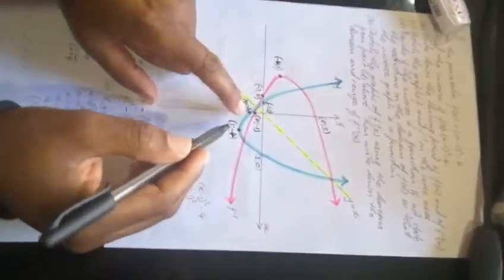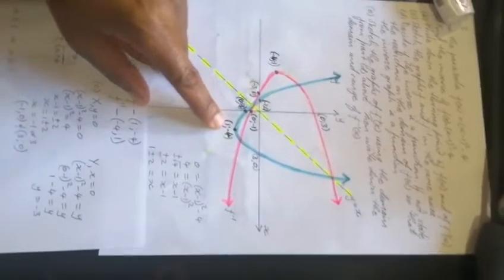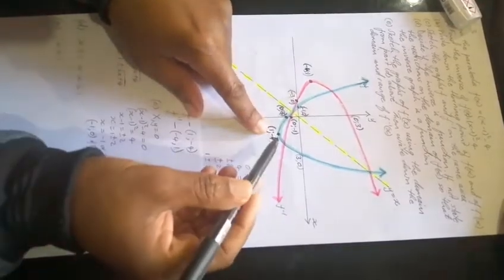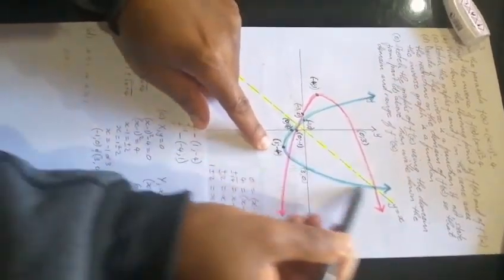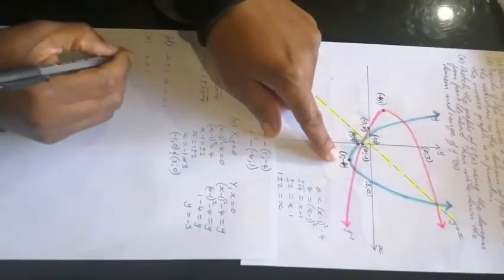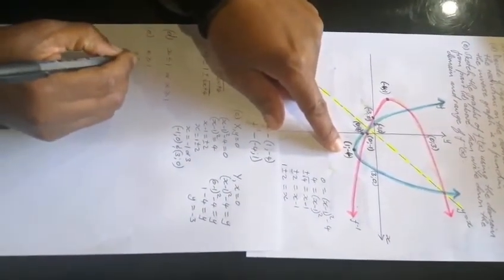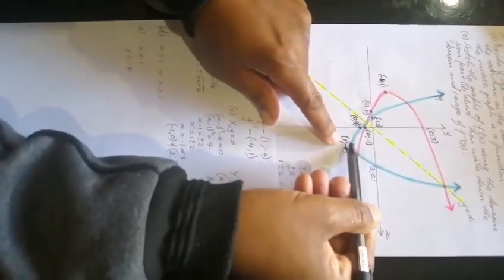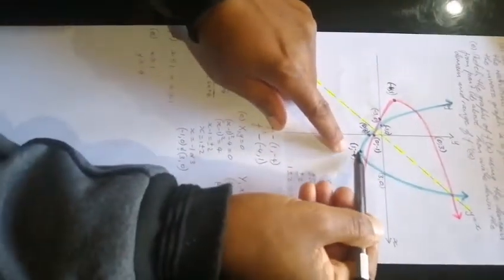We can see this is x is greater or equal to 1. That is the domain, and the range is y is greater or equal to -4, because it's starting from here going up, so it's greater or equal to -4.